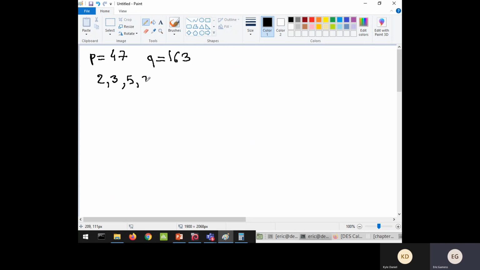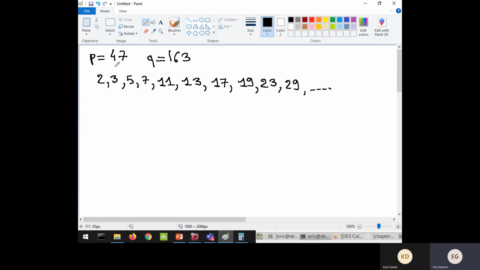Then you have 5, then 7, 8 is not, 9 is not, 10 is not, 11 is a prime number, 12 is not, 13 is a prime number, 14, 15, 16 are not, 17 is a prime number, 18 is not, 19 is a prime number, 20, 21, 22 are not, 23 is a prime number, 24 to 28 are not, 29 is a prime number, and so on. How can I show that 47 is not a prime number?